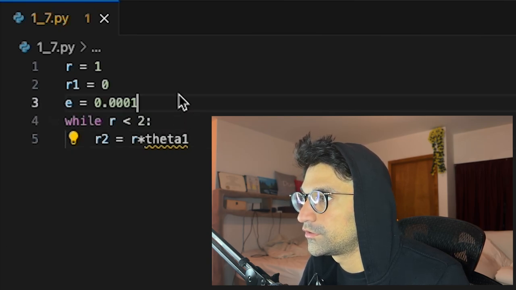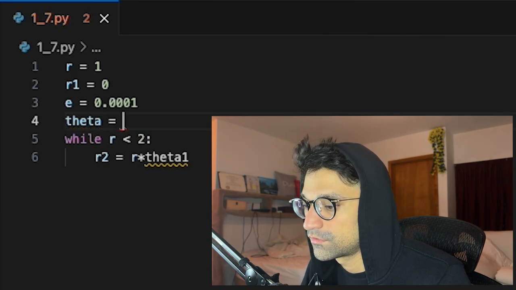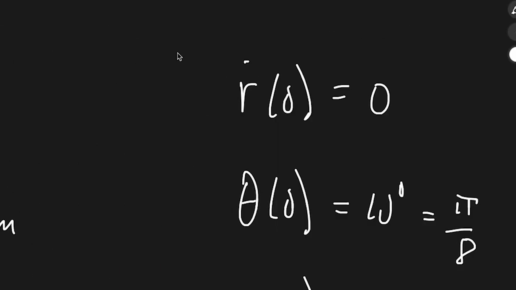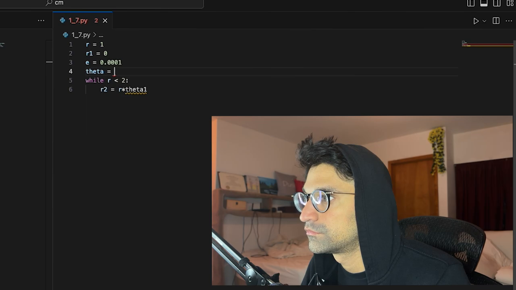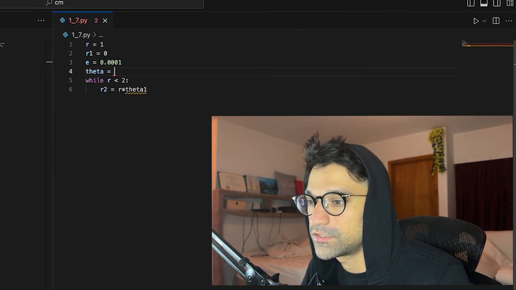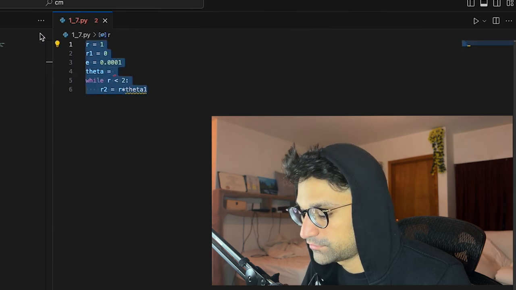So we need theta 1 then. So we need theta. Theta is going to be 10 degrees. I don't know if this takes degrees or radians. So let's find out, right?